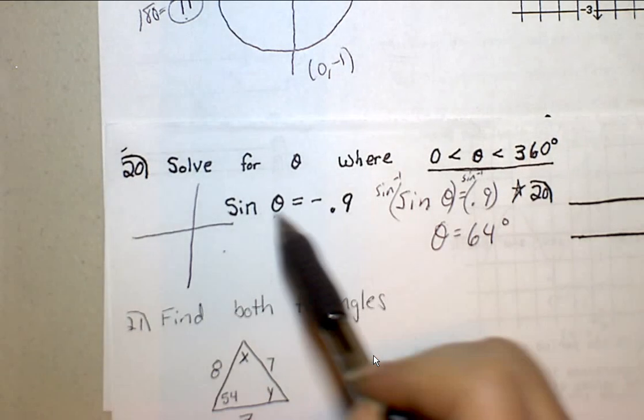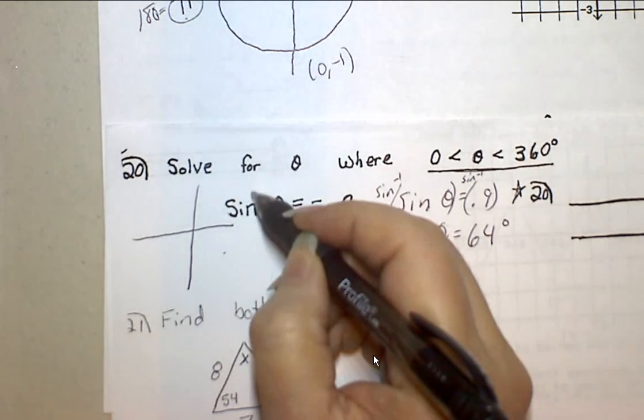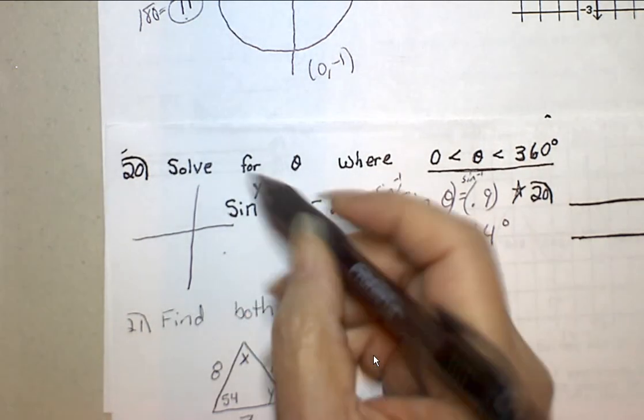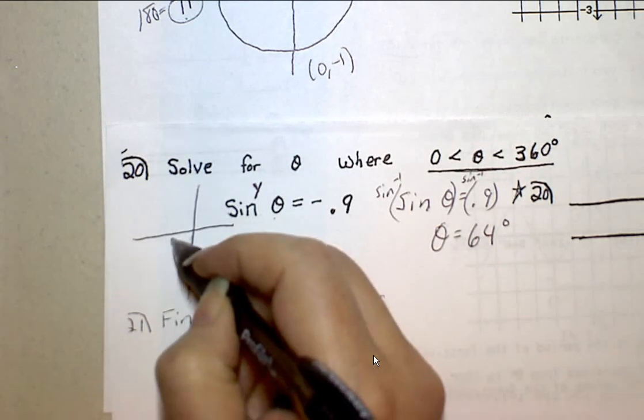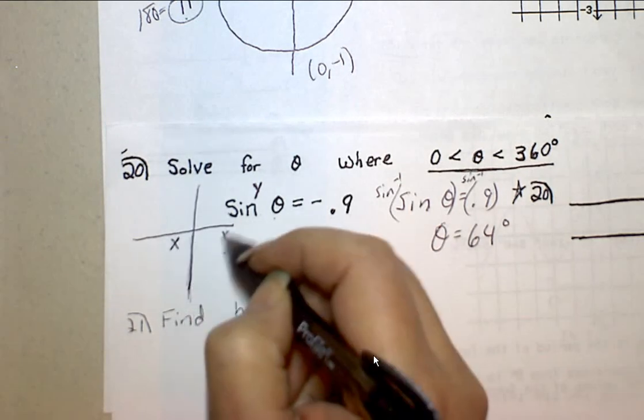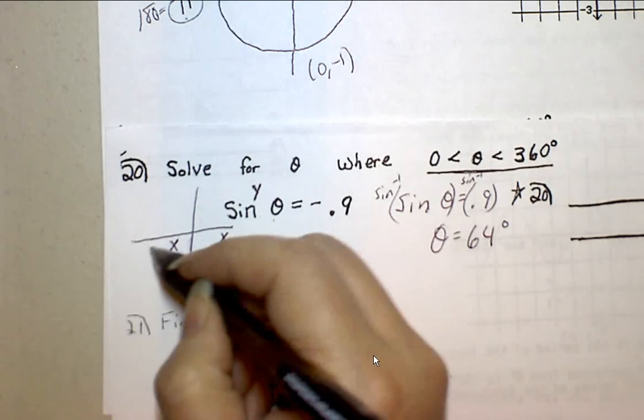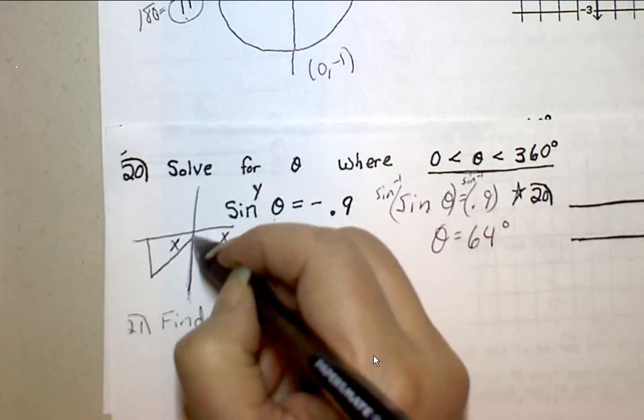Sine is our y's. So this is my y, so this is where it's negative. So it's negative here, and it's negative in this quadrant. So how can I find the angle that it is representing here?